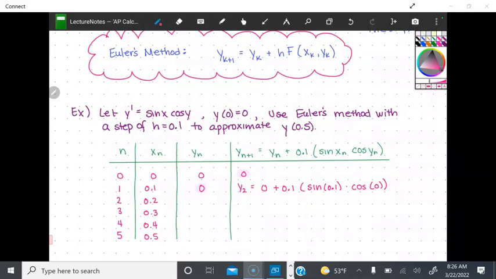This is where we definitely need a calculator. Make sure I'm actually in radians. Make sure your calculator's in radian mode. Anybody get an answer they want to share?